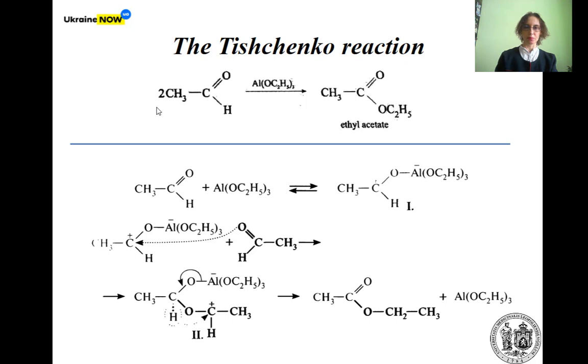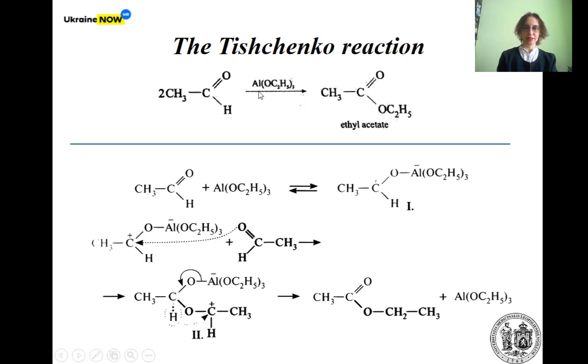For example, if we take acetic aldehyde, the product of oxidation is acetic acid, and the product of reduction is ethanol. And together they can, after condensation, make ethyl acetate. The same we observe in this reaction.